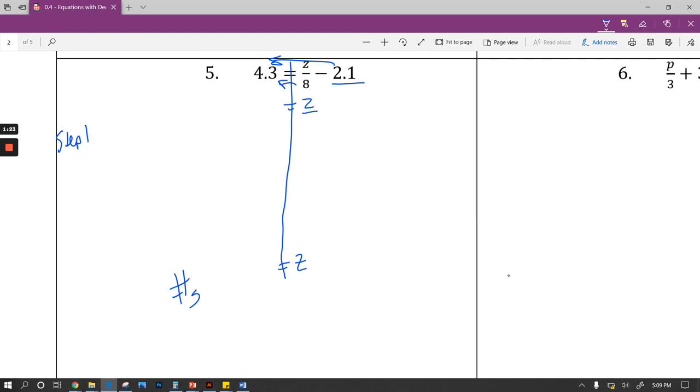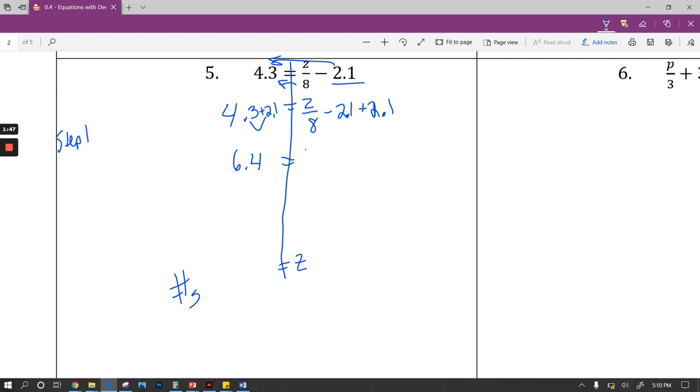So z over 8 minus 2.1. We're going to undo subtracting that by adding that 2.1 back in. And since we added it to the right side, we need to add it to the left. 4.3 plus 2.1 equals 6.4.